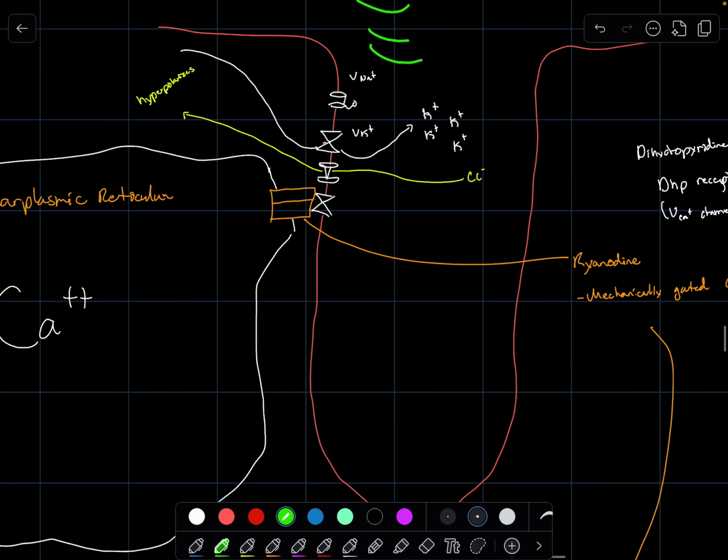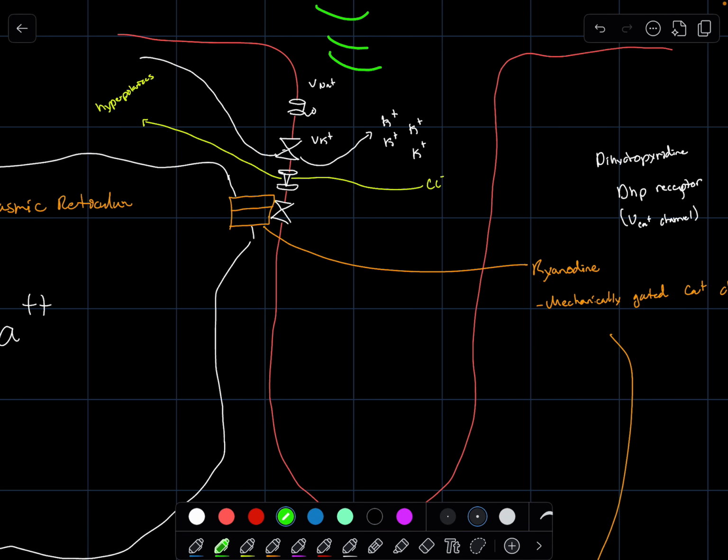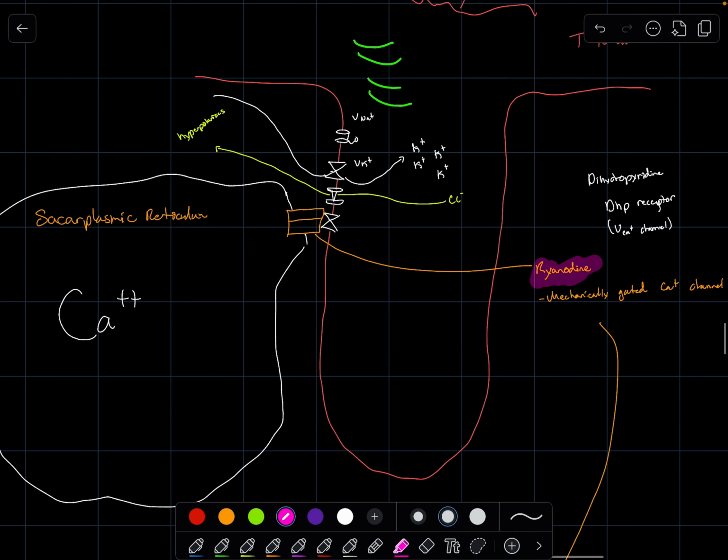It's going to run into a channel right here, ryanodine. The action potential will hit this protein here, which is called dihydropyridine. Dihydropyridine is a voltage-gated calcium channel.